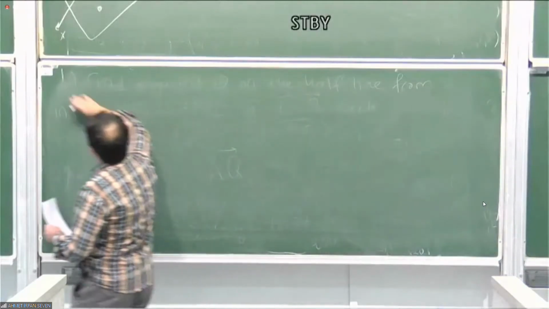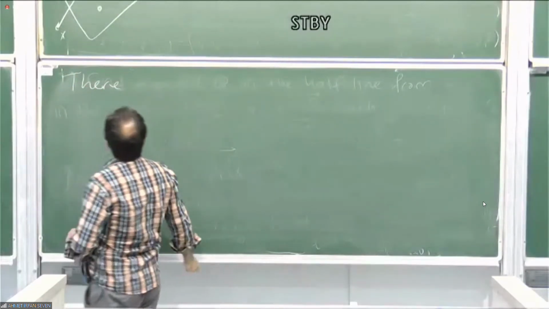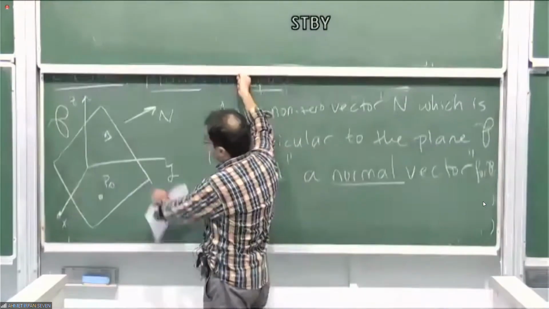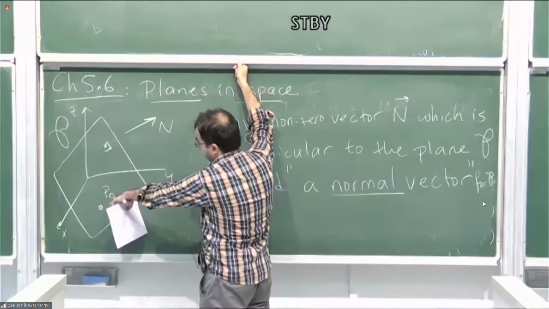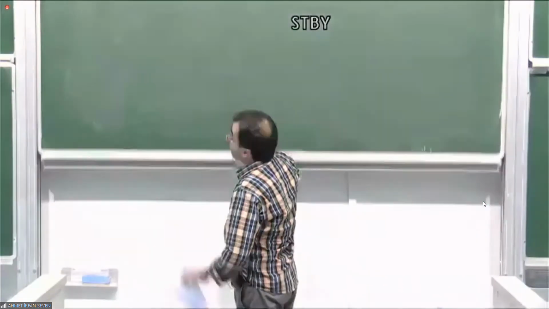Okay, so first let's notice the following. In this picture, there is a point P0, and passing through P0 and perpendicular to n, there is only one such plane.